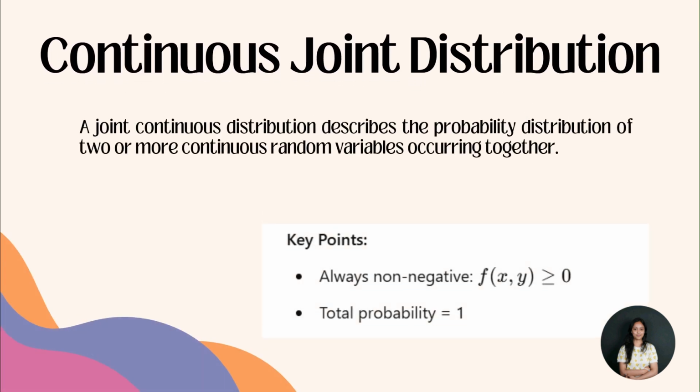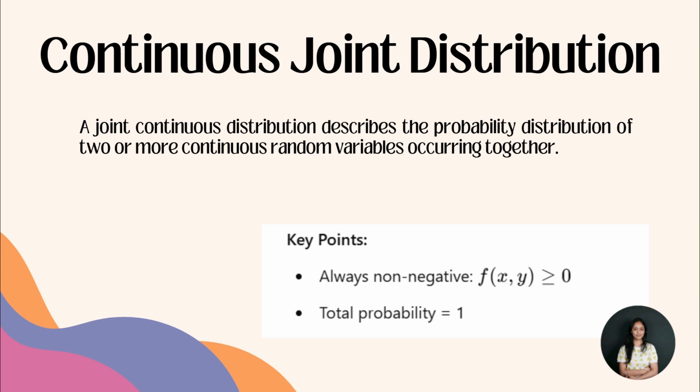So continuous joint distribution describes the probability distribution of two or more continuous random variables occurring together. It is also denoted as PDF. Unlike the PMF, which gives exact probabilities, the PDF describes the density of probability over an interval.